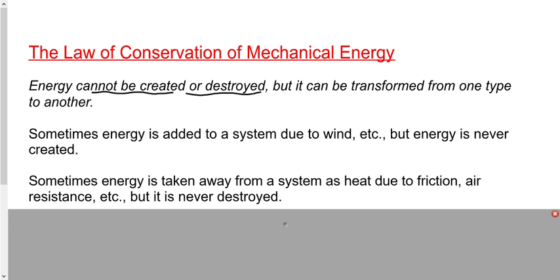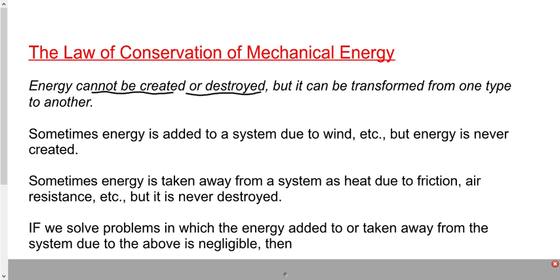But the kinetic energy wasn't destroyed. It was just transformed into kinetic energy in the earth and thermal energy, heat energy, as the ball itself warms up. A little bit of sound energy too, because you hear the ball hitting the ground, right? Mostly heat, a little bit of sound there as well. Again, never created or destroyed. Sometimes it just looks like it's created. Sometimes it looks like it gets destroyed.